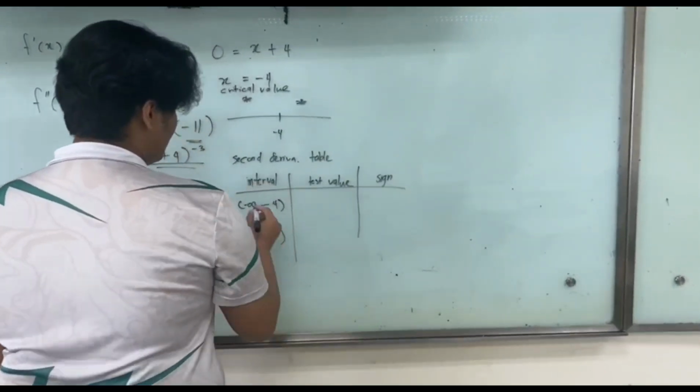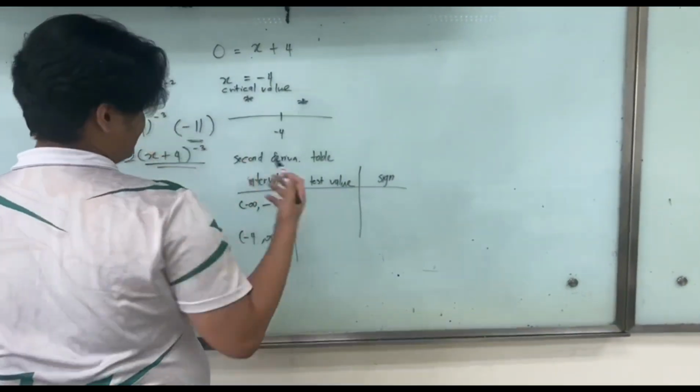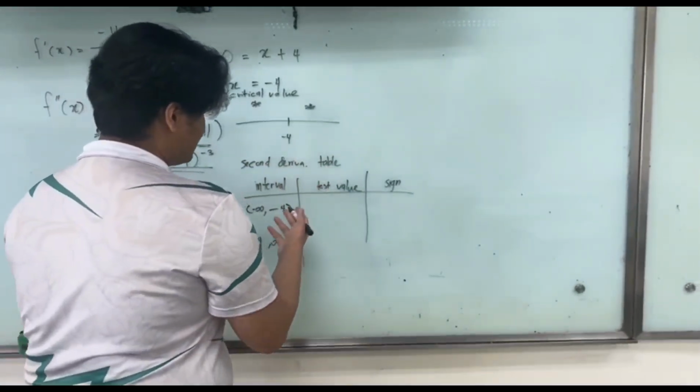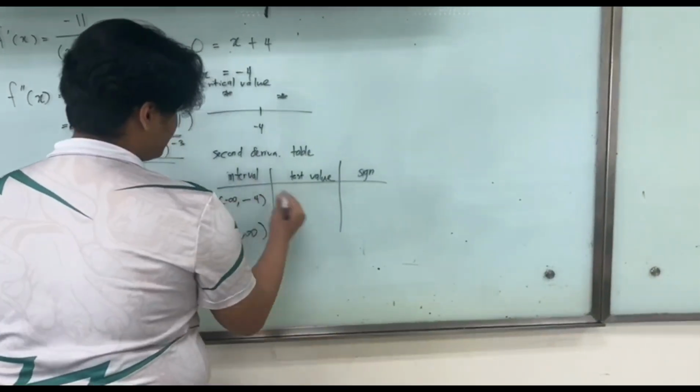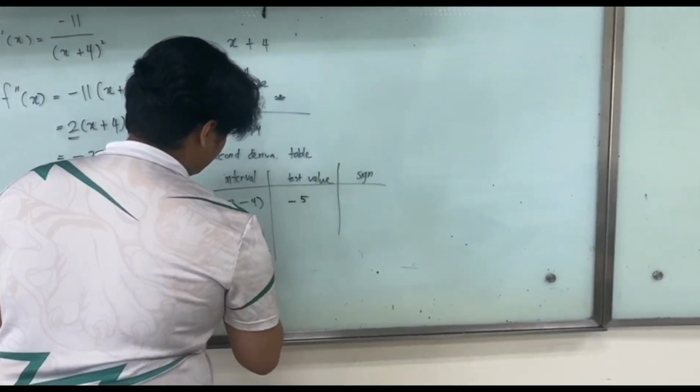For the test value, we must use the nearest value in the interval, for example negative 5 and negative 3.